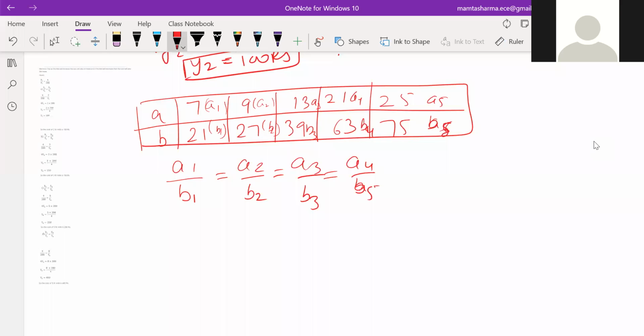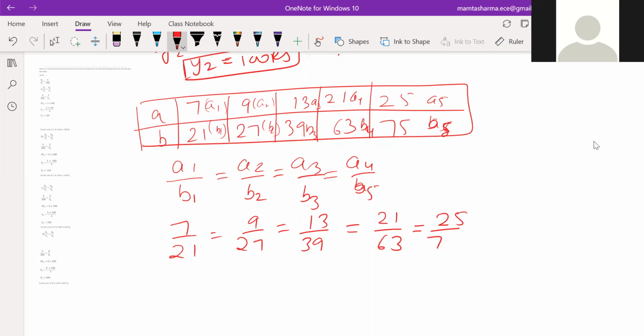Okay, now take the ratio directly. 7 by 21 should be equal to 9 by 27, equal to 13 by 39, equal to 21 by 63. Ma'am, it is direct proportion.